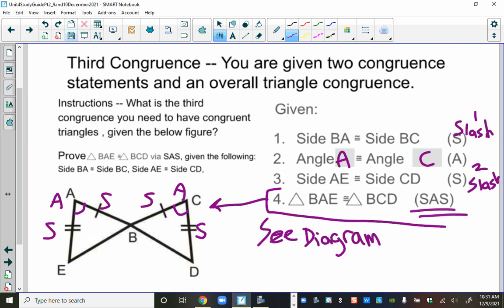You have to figure out that third piece of information such that you can set the two triangles congruent by way of what they want. All right. Anybody have questions before we go to the next one? Because I think we're almost finished with this.